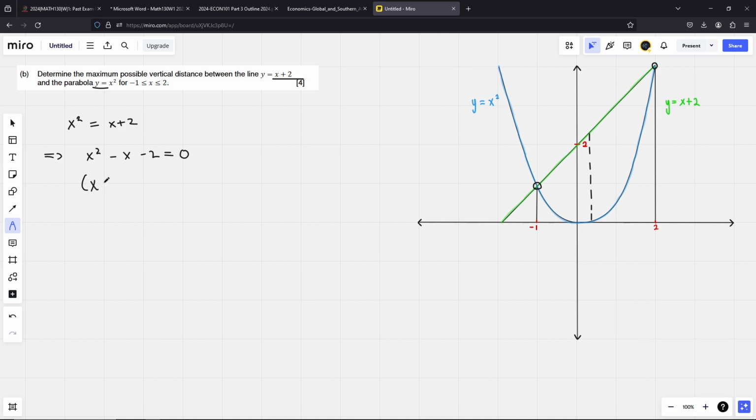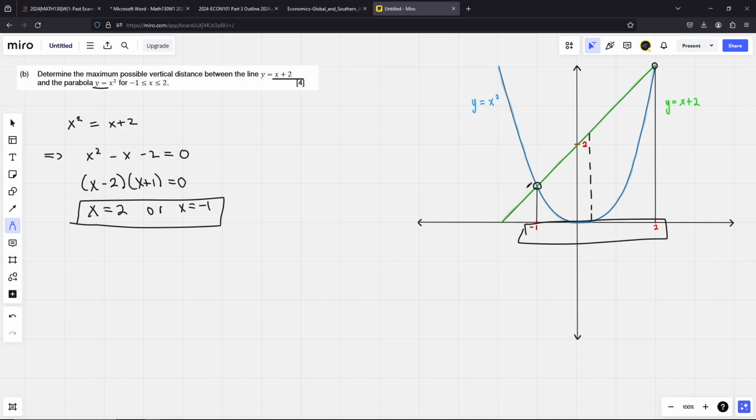Factoring this gives (x - 2)(x + 1). Let's double check that. That gives me -2, okay, that's correct. So here x would be 2 or x would be -1. So here you can see that our restriction is actually just the points of intersection of these two functions.